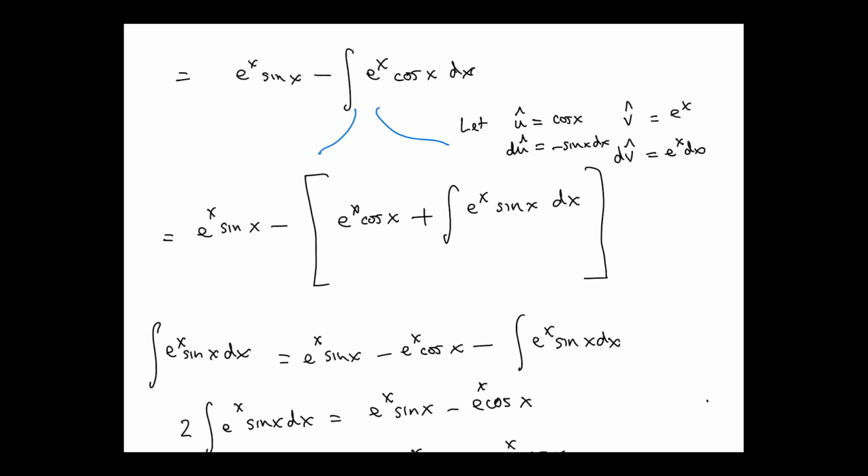Had we not done that, had we picked the opposite direction, then we would have just sort of gone around in circles and it wouldn't have really worked, okay? So yes, you might have to do this more than one time.